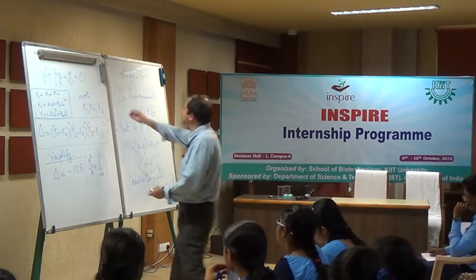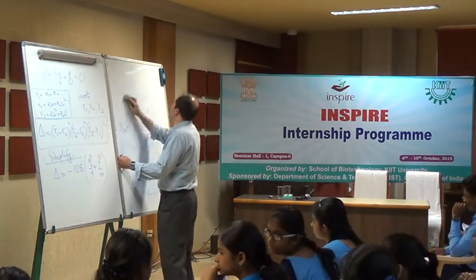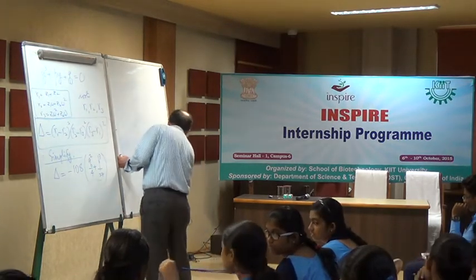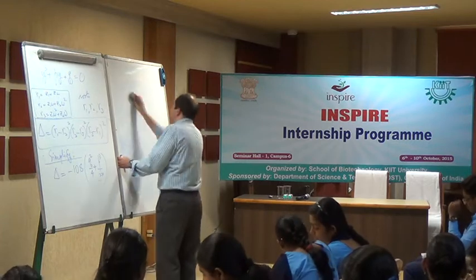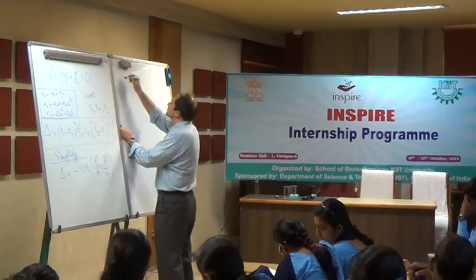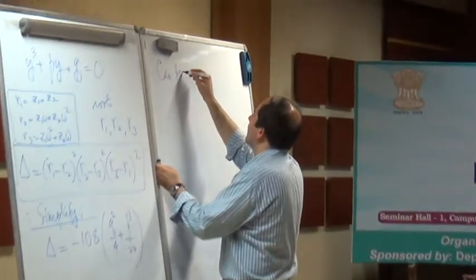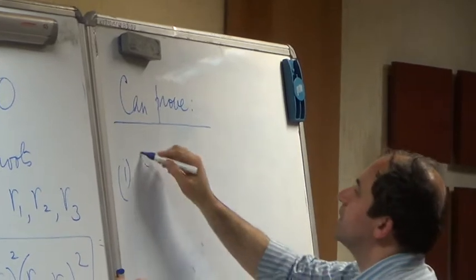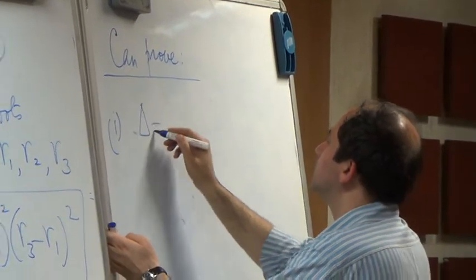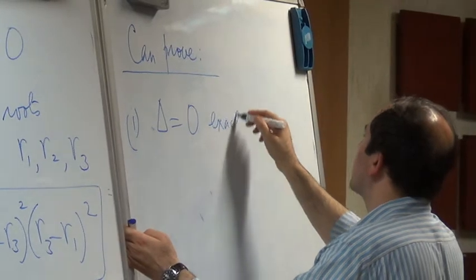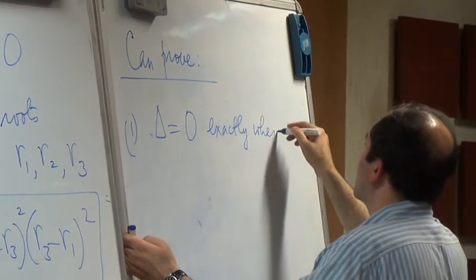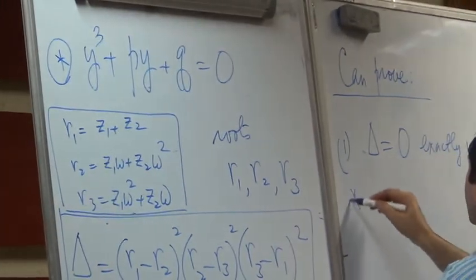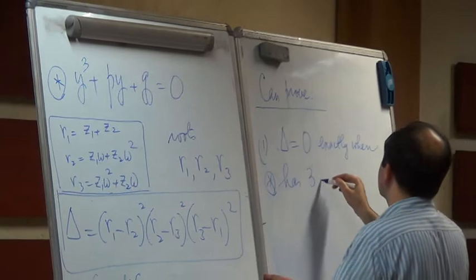So, the conclusion. Here is a statement that one can prove. Number one, delta is equal to 0 exactly when the reduced cubic, which I will call star, has 3 real roots.